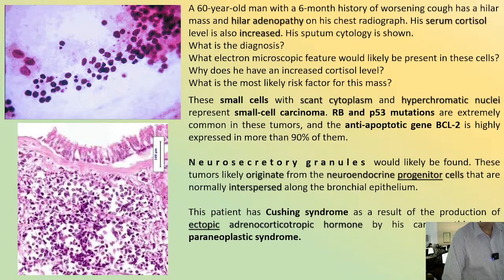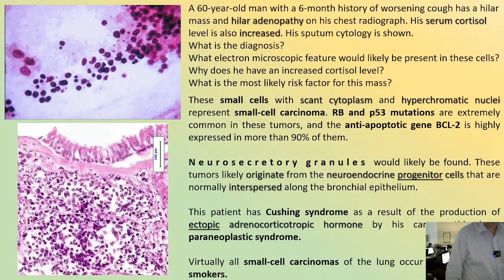It is related to smoking. And let's have a look at the history of this patient. It's another patient with small cell carcinoma of the lung. He had hilar adenopathy because probably the lymph nodes in the lung hilum were metastatically infiltrated.